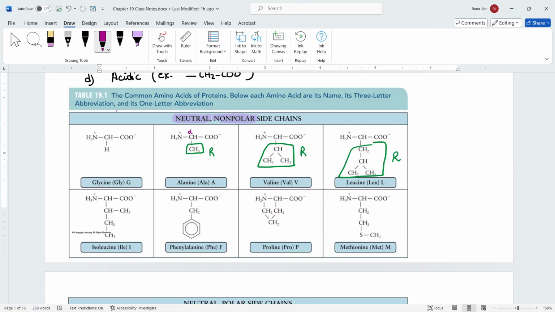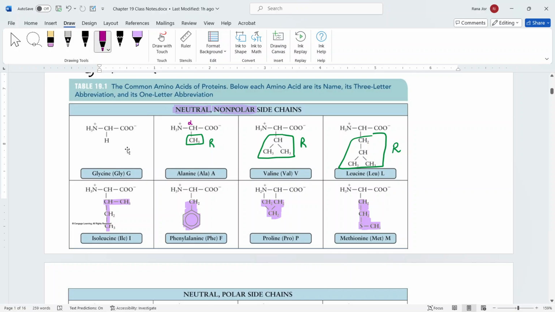You have your amino group, you have your carboxylate group, and this is shared with every single amino acid. So over here, this amino acid has an R group. Again, whenever you see just an R group as a side chain, this means that it is a non-polar side chain.